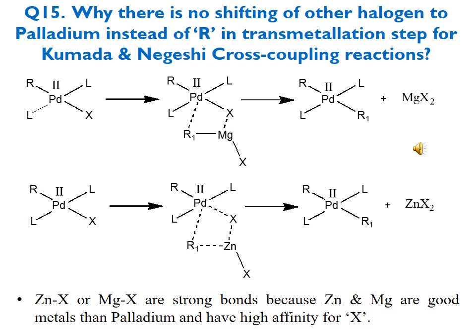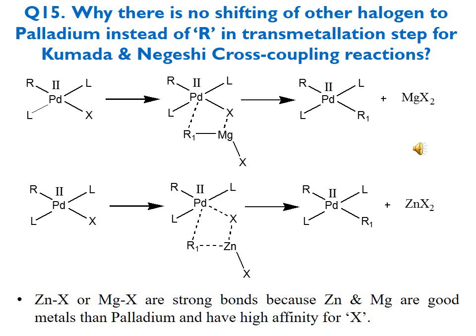Another important question regarding the next step of transmetalation in these cross coupling reactions. Here the examples of Kumada and Negishi cross coupling reactions are given. In this the question is why there is no shifting of the other halogen to palladium instead of R in the transmetalation step.